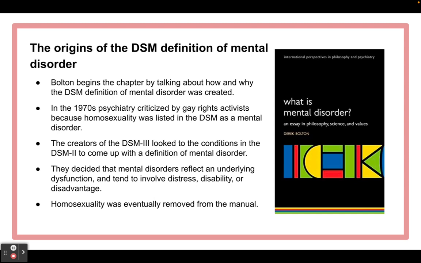So they used that new definition to then exclude homosexuality as a mental disorder eventually, because they reasoned, homosexuality in itself doesn't cause distress, right? It's only distressing if a homosexual person is living in a homophobic environment.